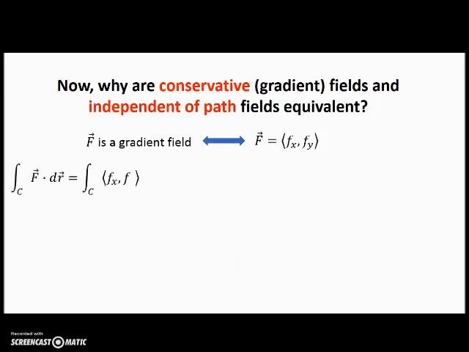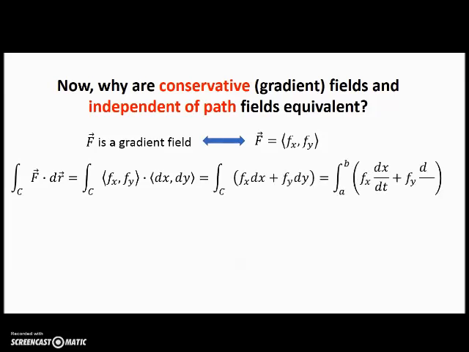So if we integrate along the curve, the force times distance, we can rewrite the vector field as (f sub x, f sub y), and then the change along the curve is just (change in x, change in y). So then when we dot those, we get the partial derivative with respect to x times dx plus the partial derivative of f with respect to y times dy.